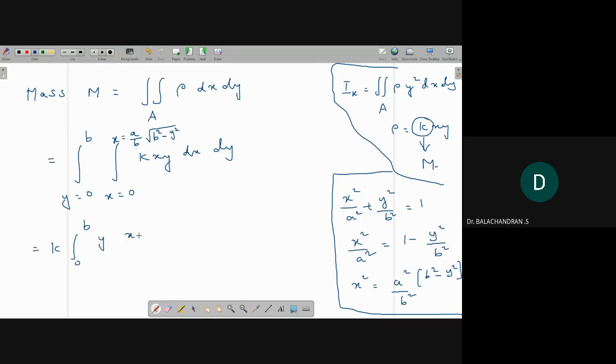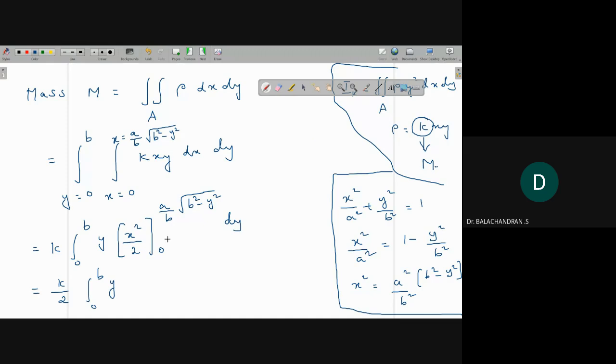If you integrate x dx, you get x square by 2, with limit from 0 to a by b into root of b square minus y square, into dy. So 1 by 2 is constant. K by 2 integration 0 to b, y into the upper limit a square by b square into b square minus y square.